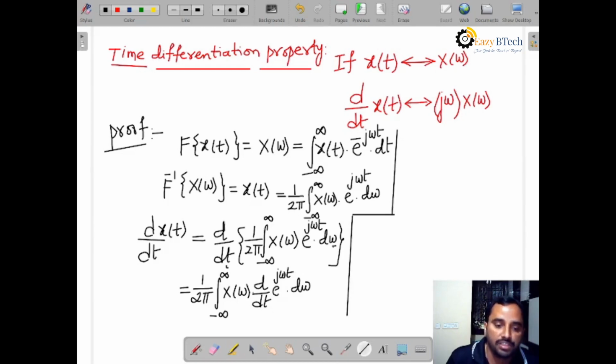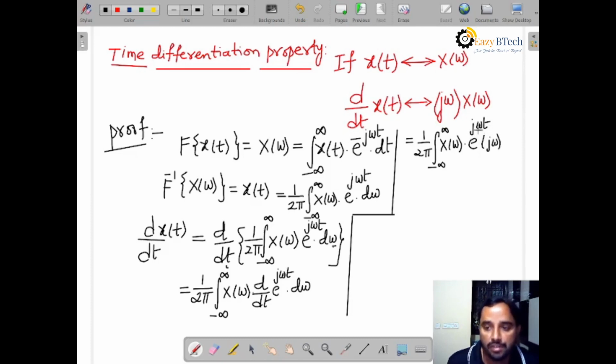So now, differentiation: c is equal to 1 by 2 pi integration from minus infinity to plus infinity of X of omega into the differentiation of e power j omega t. It is the same, e power j omega t into j omega, right? In the power we have j omega, and d omega.